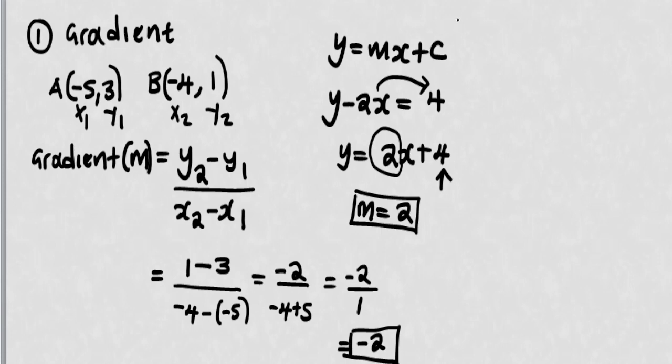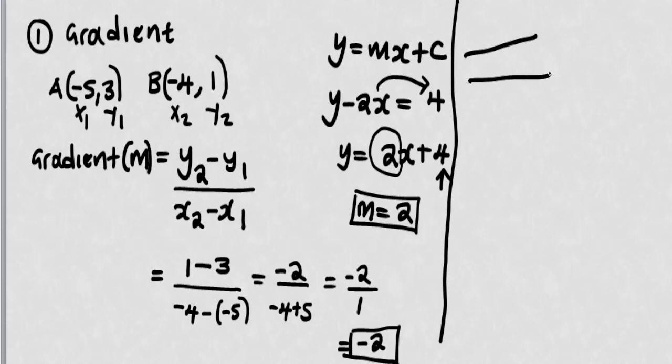If you have parallel lines, suppose this is line 1 and this is line 2, their gradients should be the same. So the gradient of line 1 should be equal to the gradient of line 2. Parallel lines have the same gradient. That is an important thing.